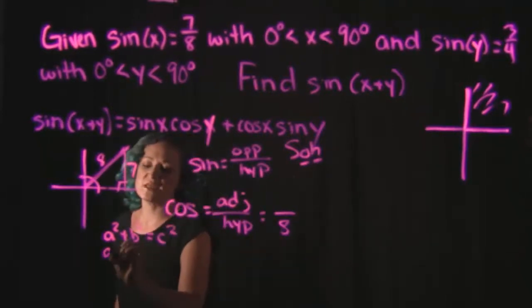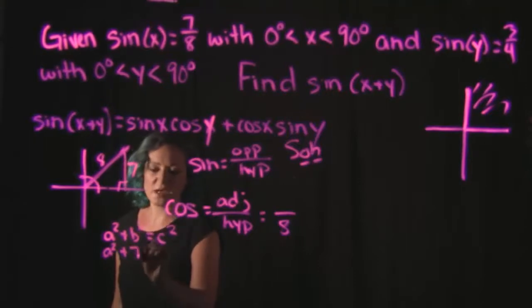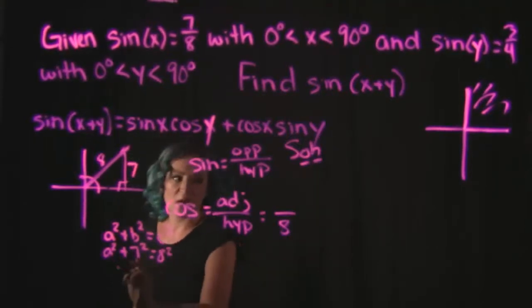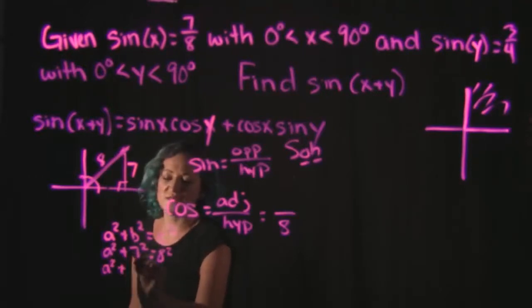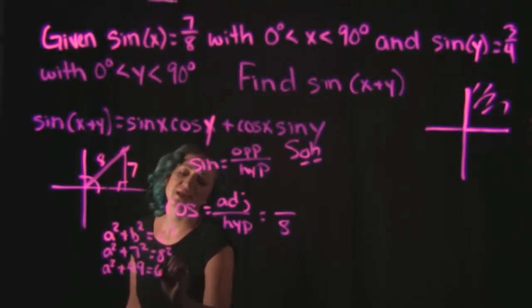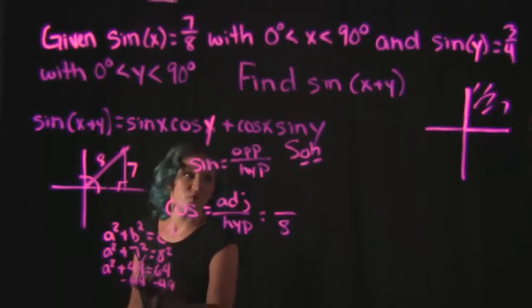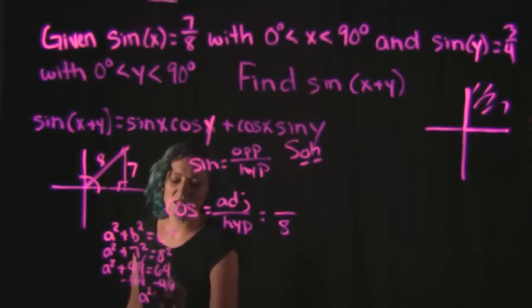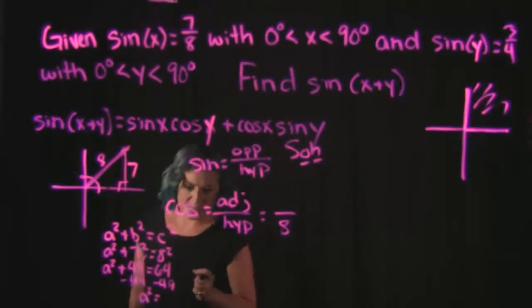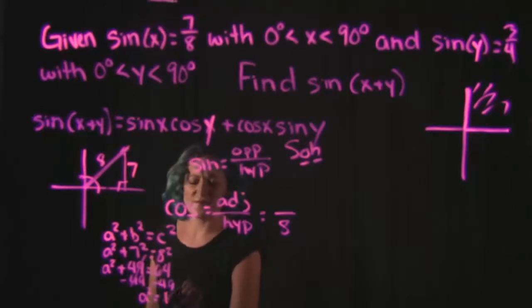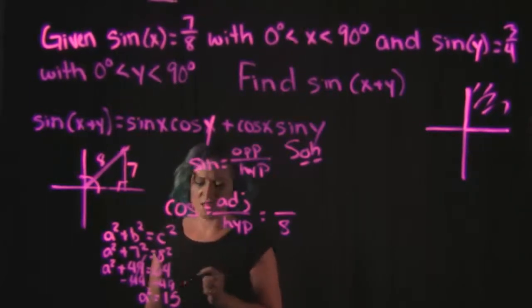So let's see, I'm going to say that we're solving for a, b is going to be our 7, and 8 is going to be c. If we square everything, 7 times 7 is 49. 8 times 8 is 64. If we subtract that 49 on both sides, we get that a squared is equal to, I believe that is a 15 when we do that subtraction there.